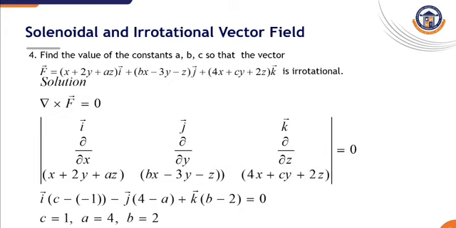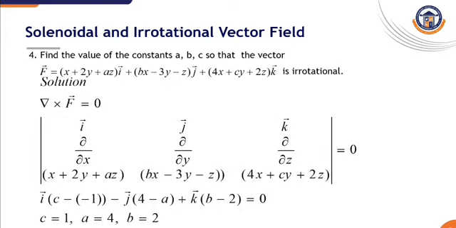Minus dou by dou z of bx minus 3y minus z, which is minus 1. Minus j into dou by dou x of 4x plus cy plus 2z, which is only 4. Minus dou by dou z of x plus 2y plus az, which is only a.